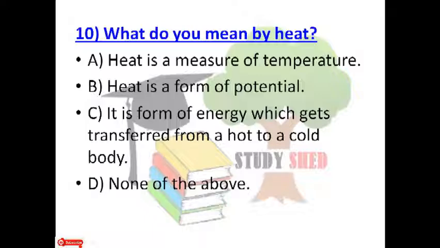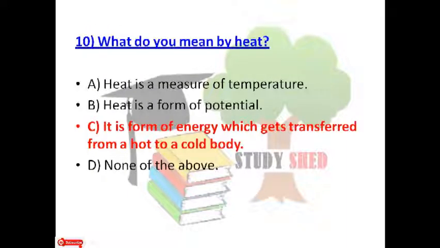Heat is a measure of temperature. Heat is a form of potential. Heat is a form of energy which gets transferred from a hot to a cold body, and none of the above. Think wisely. Last question. Everyone should get it correct. Okay. 3, 2, 1, and here we go.